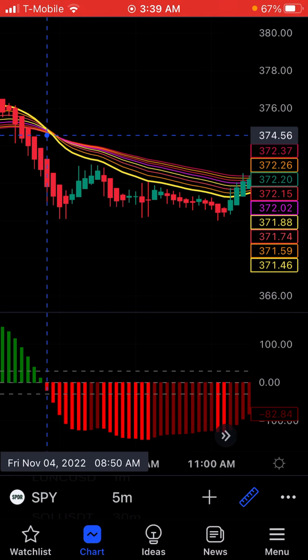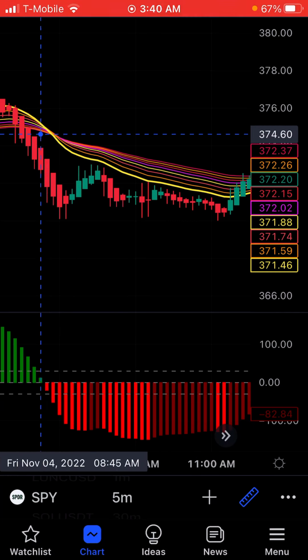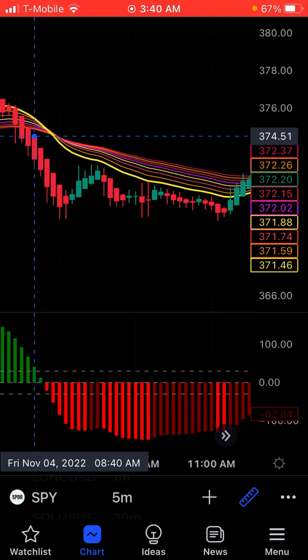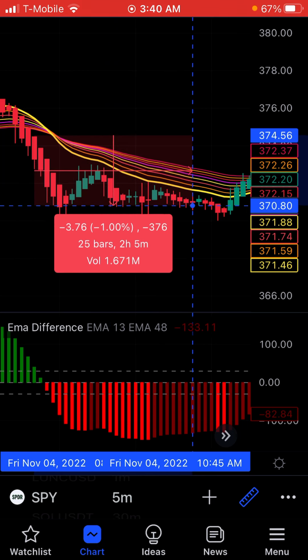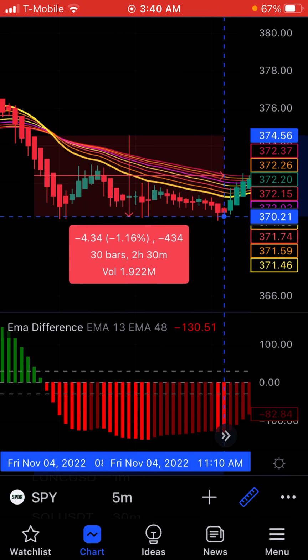From this point, I would get in right around here. I would do a 374 put around 374 and basically ride it out, because you look at the 20 EMA, which is the bright yellow line. We wait it out and we see what happens. So I would get out right around here.